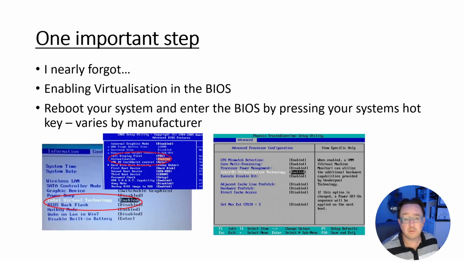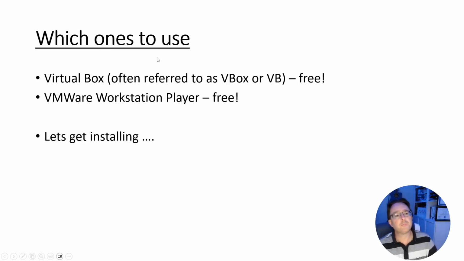If you're running a Dell, let's say, go into Google and just do a quick search, Dell BIOS key, just something like that, just to see what your variation is. Once you've got that enabled, the system reboots and you're back into your Windows or whatever operating system you're in, and you're ready to rock.